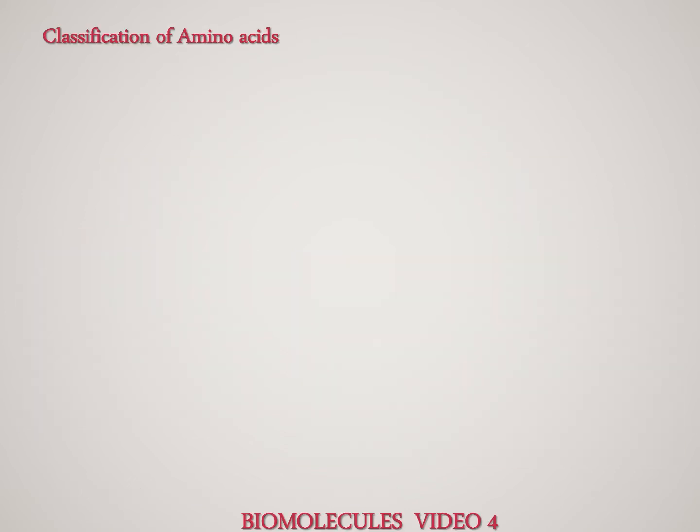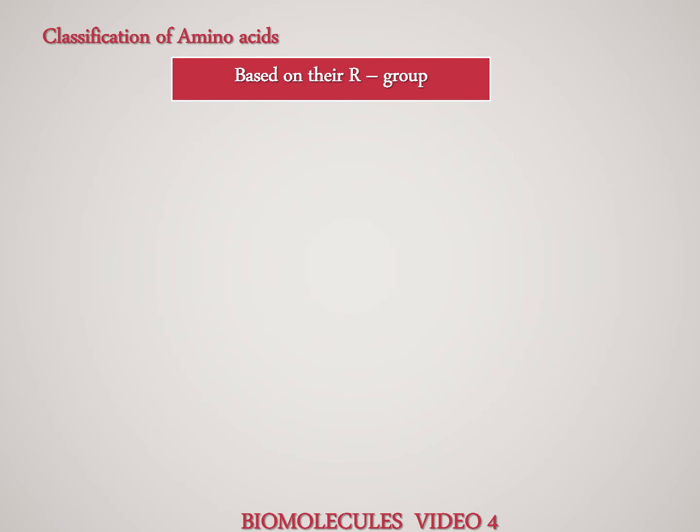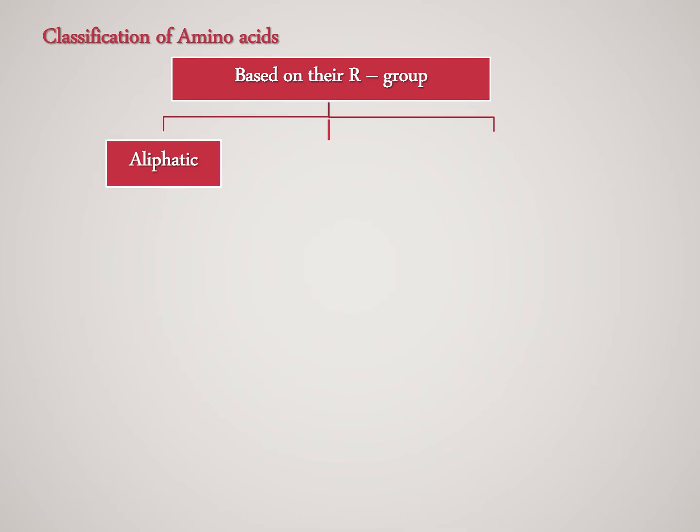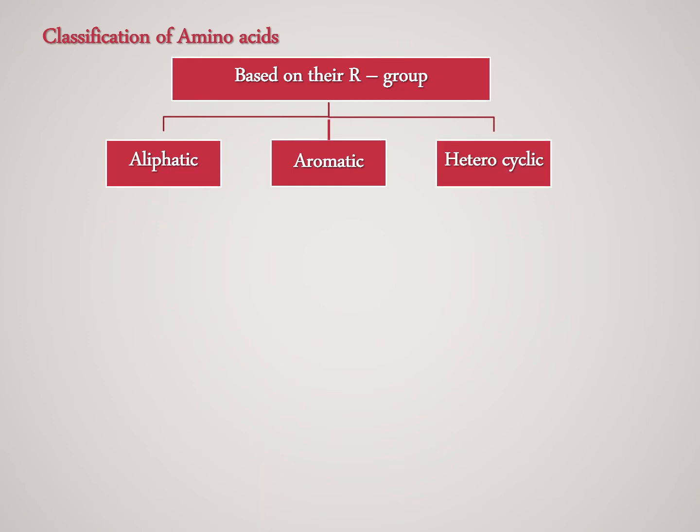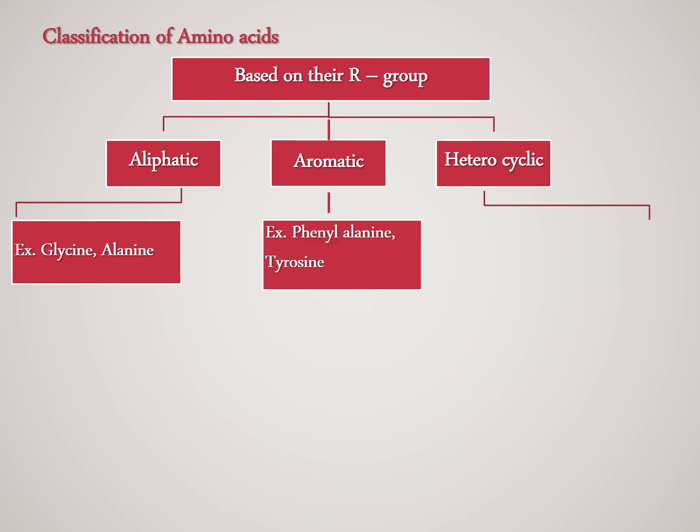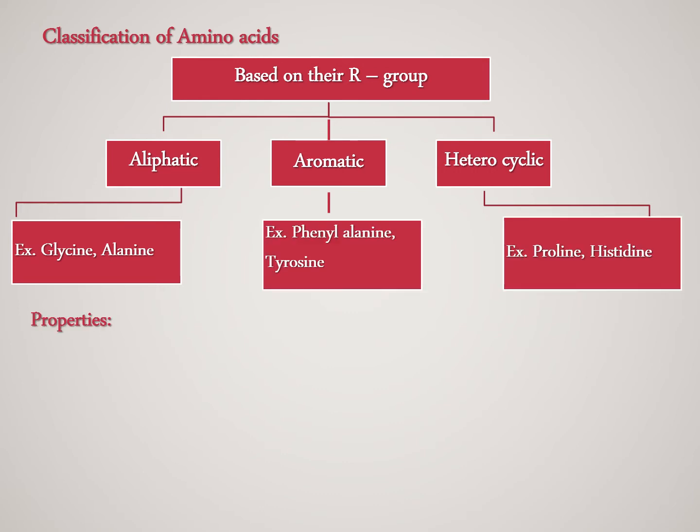Let us now understand the classification of amino acids based on the type of the R group that could be present. So they are classified into aliphatic, aromatic and heterocyclic amino acids. So it's very simple here.